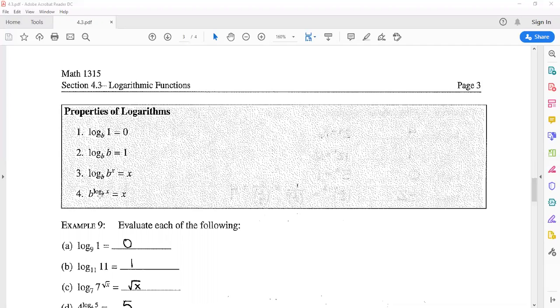These next two are pretty useful, and they go hand in hand to help us get a nice algebraic way of solving equations that involve either exponential functions or logarithmic functions. So this first one says log base b of b to the x equals x. Well, let's try to unpack this. Is there a corresponding fact about exponential functions that this is trying to tell us about?